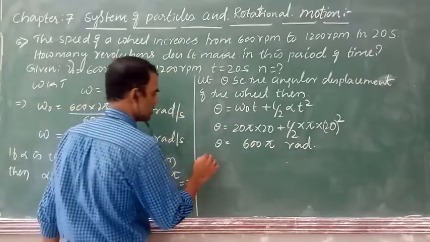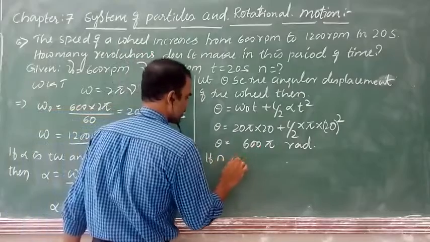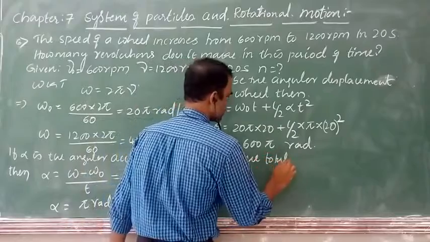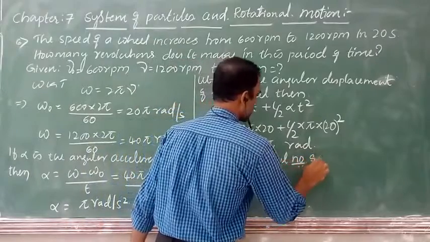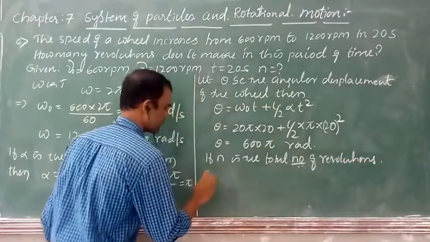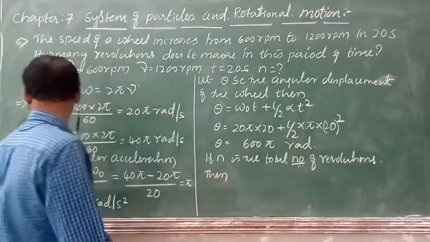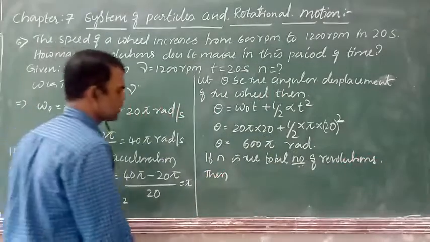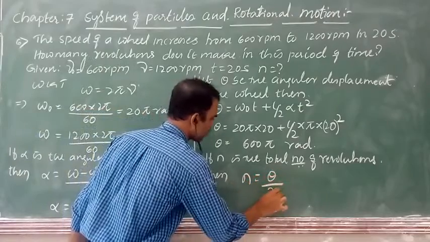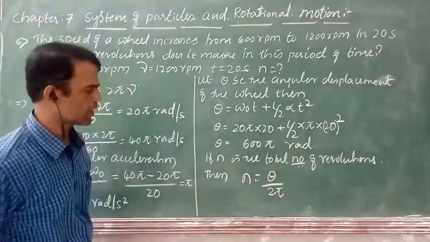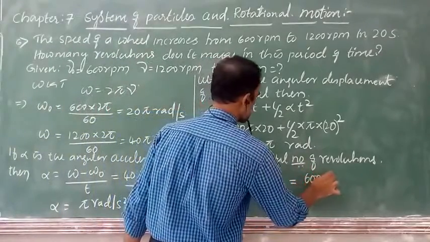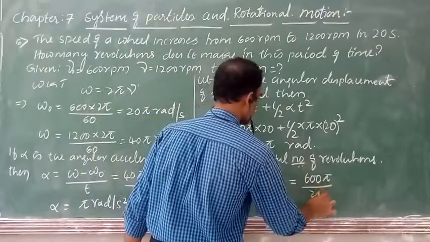Now, if n is the total number of revolutions, then n is equal to theta divided by 2 pi, angular displacement over 2 pi, which is equal to 600 pi divided by 2 pi.